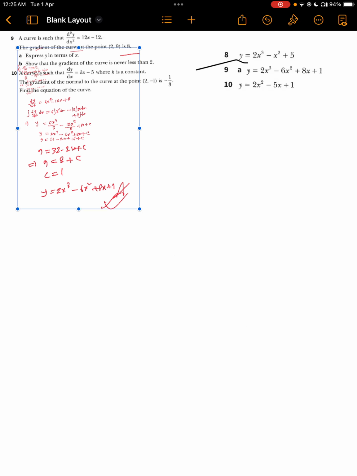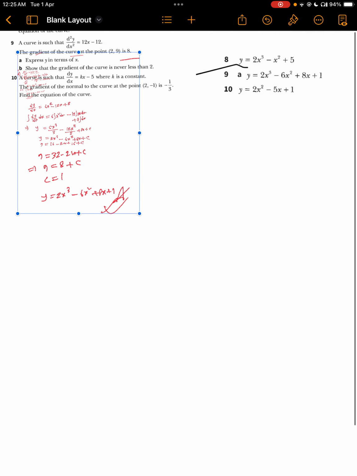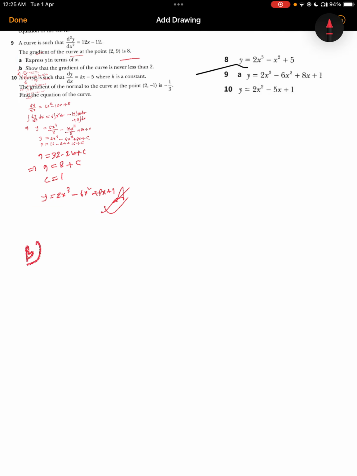So we got our first answer, A, and now question B. What did it ask? Show that the gradient of the curve is never less than 2. So what is the gradient here? We got from A that the gradient is 6x squared minus 12x plus 8. So we can complete the square here.